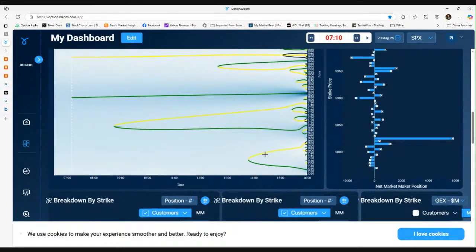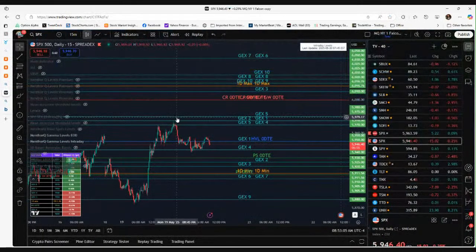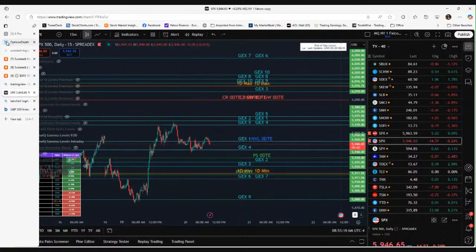Now let's switch gears and I'll do something in more detail on iron condors, as I mentioned last night. But let's think about if we want to sell an iron condor.